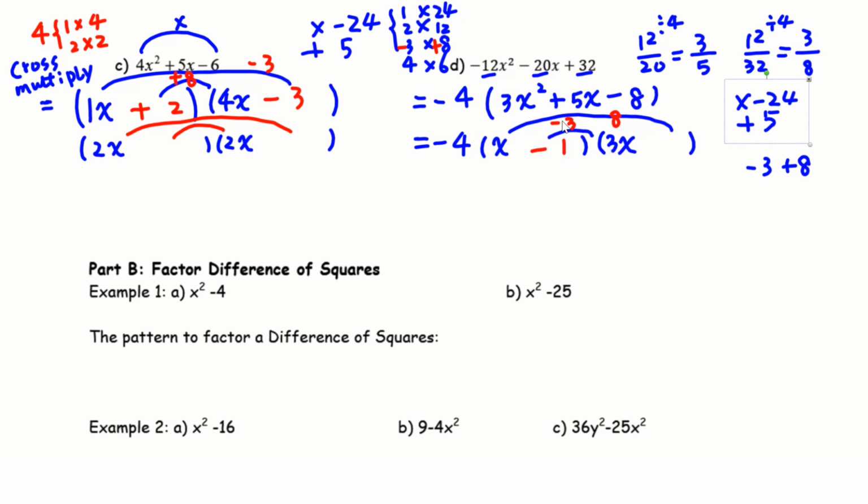So negative 1 times 3 gives you negative 3. And 1 times 8 will give you positive 8. Then double check it. x times 3x, 3x squared. Negative 1 times 8, negative 8. Cross negative 3x, 8x, gives you 5x. So it works. This is cross multiply.